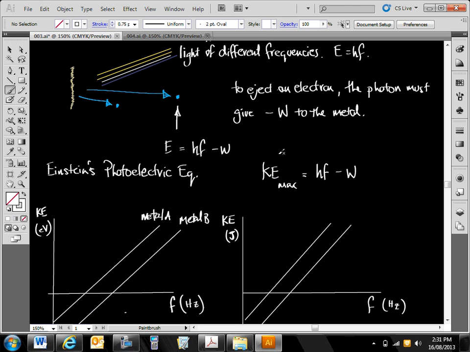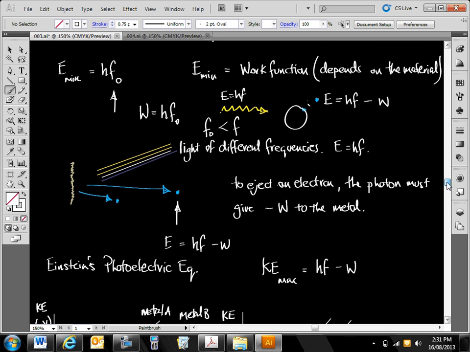So the maximum kinetic energy that an electron will have is hf minus W, because W is just the most energetic electrons in that atom already. So the maximum energy that you're going to see in any electron emitted from that substance, whatever that metal is, is always going to be hf minus the work function of the metal.